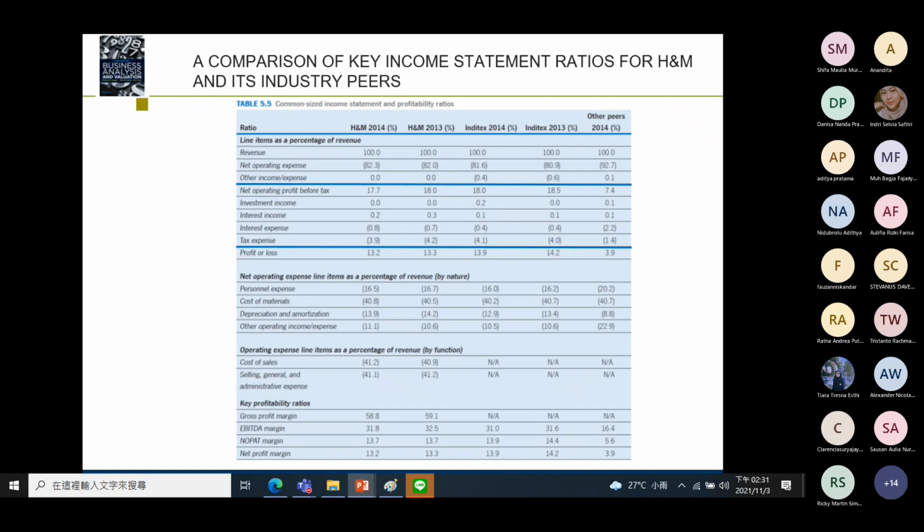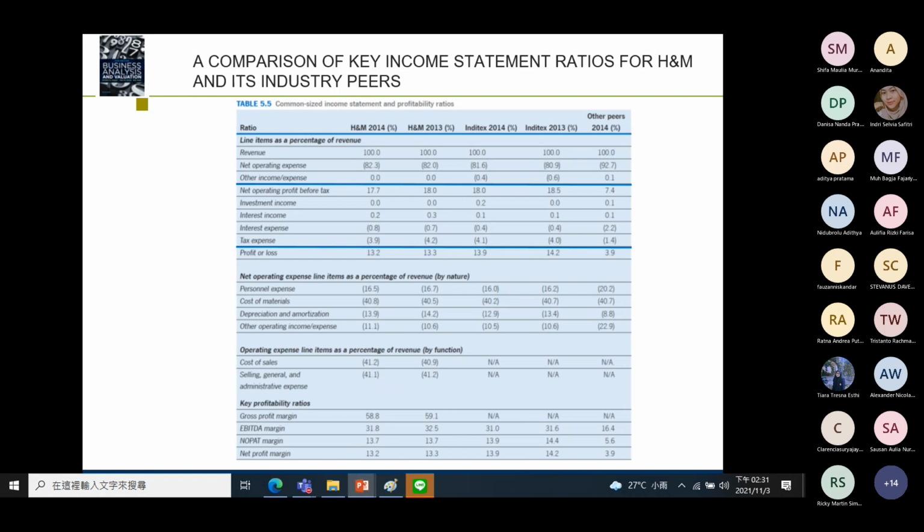Because of the manufacturing activities, Inditex also needs a larger workforce than HMN, making Inditex's average employee productivity significantly lower, at 132,000 in revenue per employee.